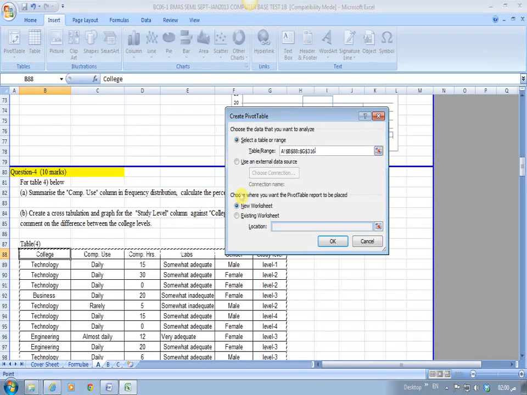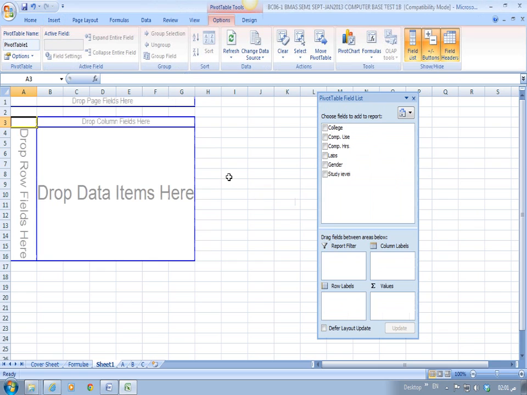Then after you highlight the whole table, you have to decide where you want to put your answer, in a new sheet or an existing sheet. I preferred using a new sheet in order not to change the data or make some mistakes in your file. So just click new sheet.